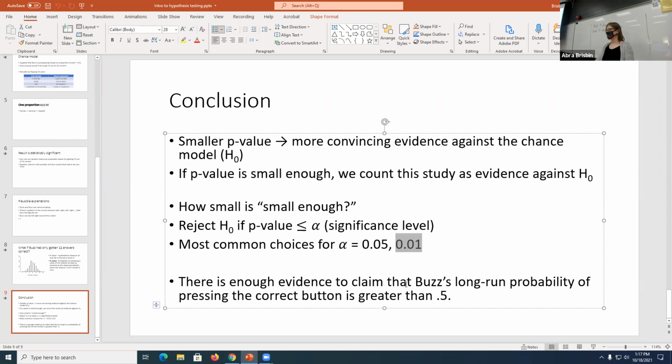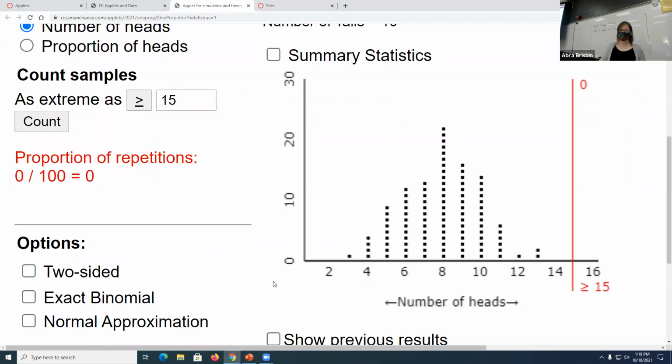Questions about this? All right, so let's give this a try, thinking about this simulation approach to understanding what's going on.